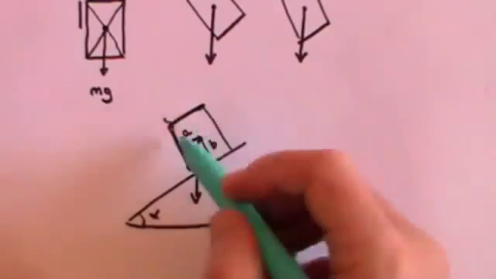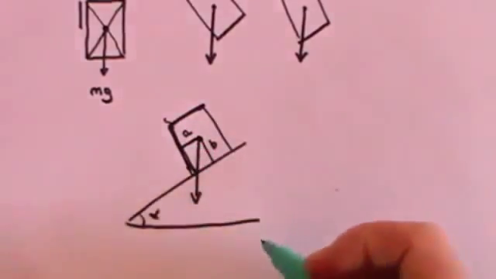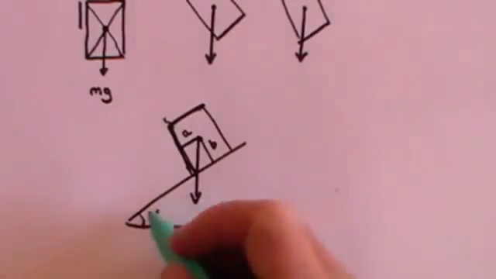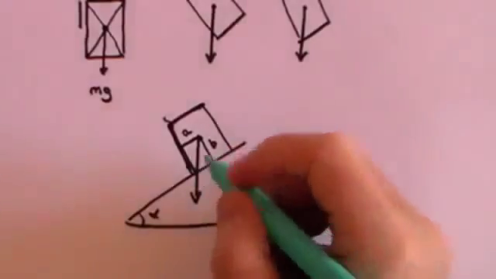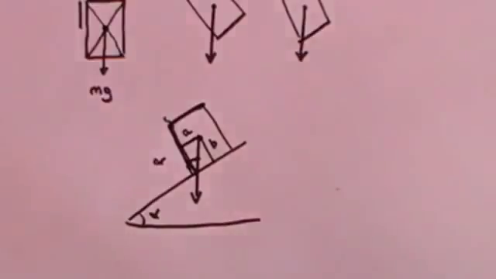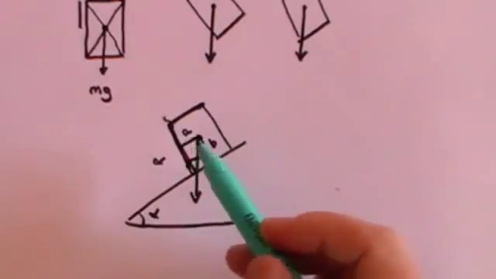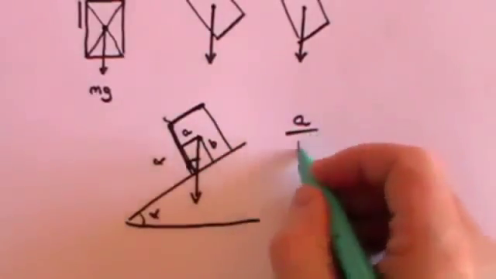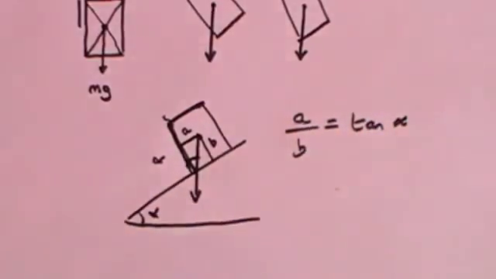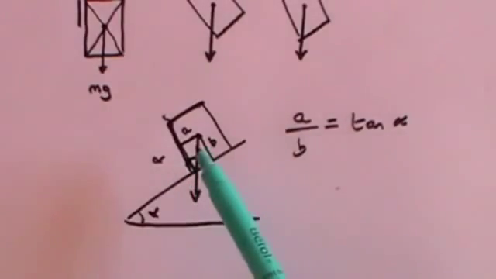So half the base is A, half the side is B, unless you're told otherwise. And if this angle here is alpha, then this angle here is also alpha. And you can now see that A over B is equal to the tangent of alpha. So when the tangent of alpha is equal to A over B, then the block is ready to topple.